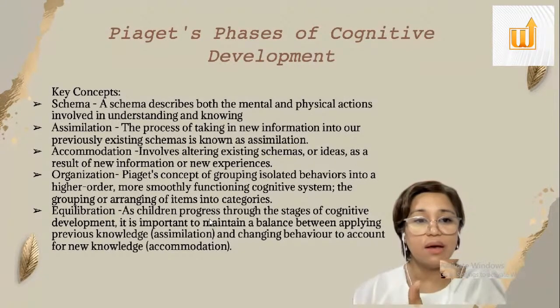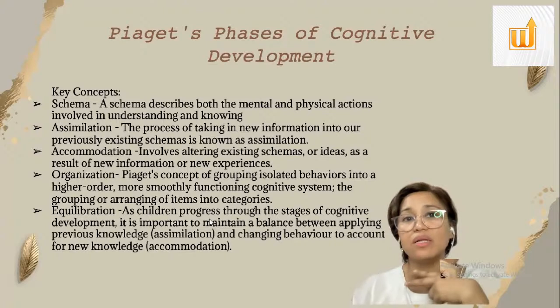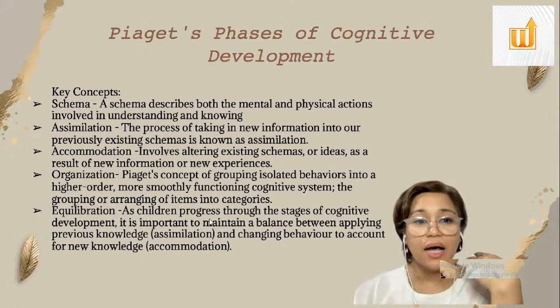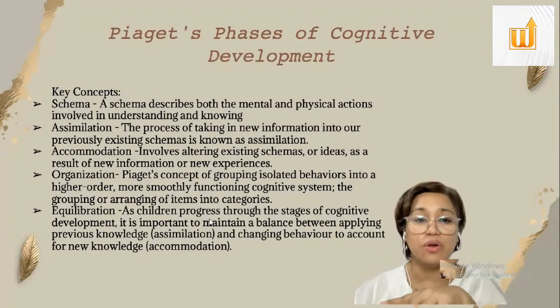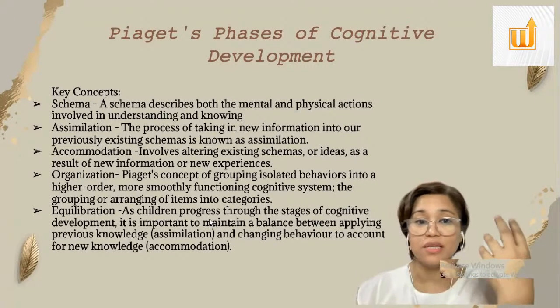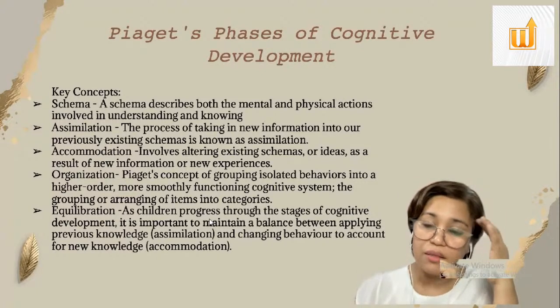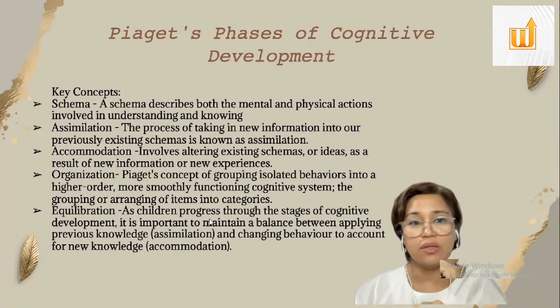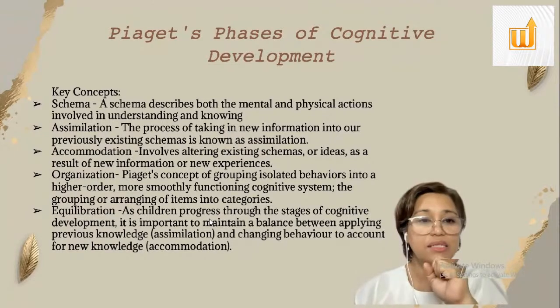We look at schema, we look at assimilation, we look at accommodation, we look at organization, we look at equilibrium. So, a schema is described as both the mental and physical action involved in understanding and knowing. Meaning, if you know it cognitively, you can do it physically.